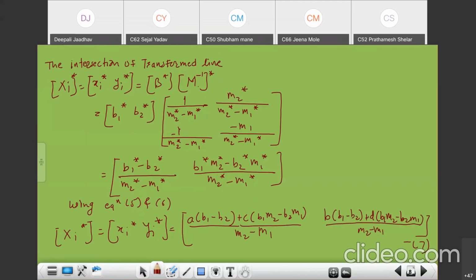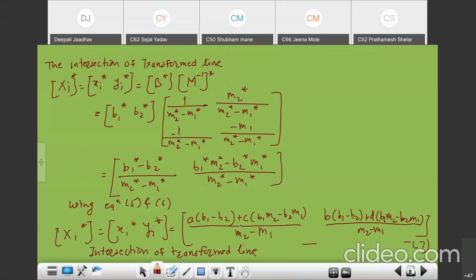Okay. So what is this result? This is the intersection of the transformed line, not the original, the transformed line.